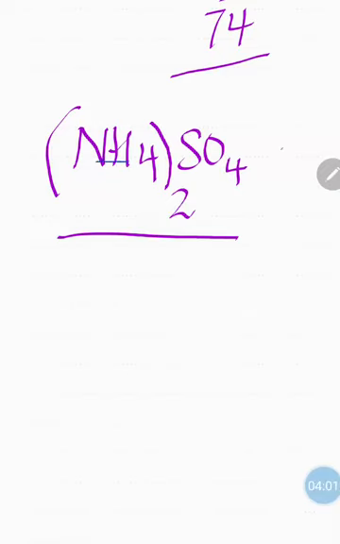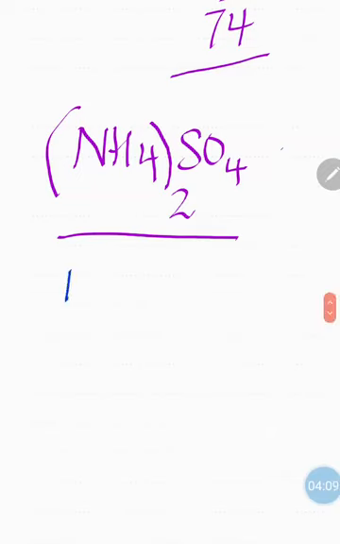Okay, so NH4 is in the brackets with 2 outside. That means there are 2 nitrogens. So this time I'm just going to do N times 2. There are 4 hydrogens inside the bracket, and with the little 2 outside, that tells me there are 8 hydrogens.